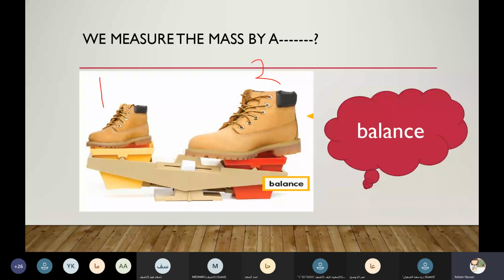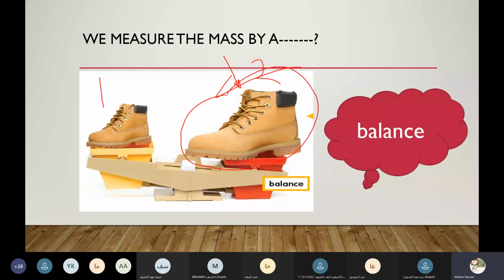Yes, Sultan. Where are you? Can you tell me which has more mass? Number 2. It's correct. Super. Number 2 has more mass. But how do you know? Because number 2 is heavy. But why is it heavy? Why does it have more mass?